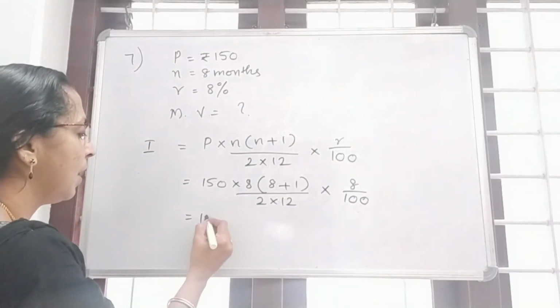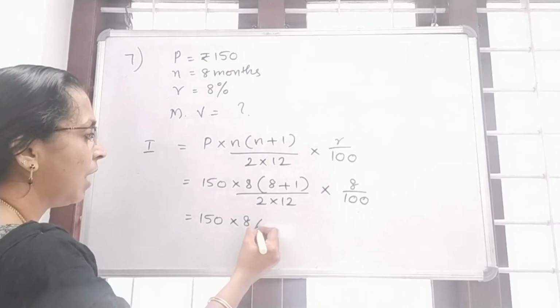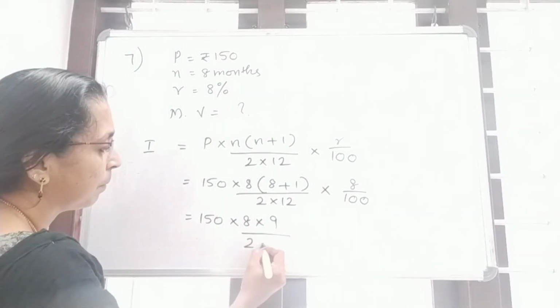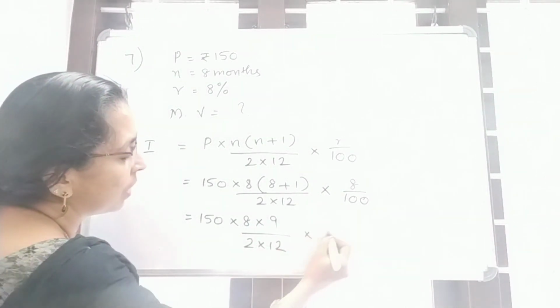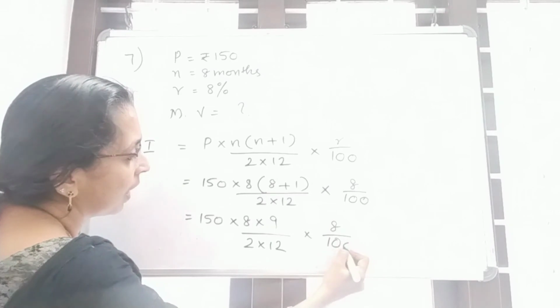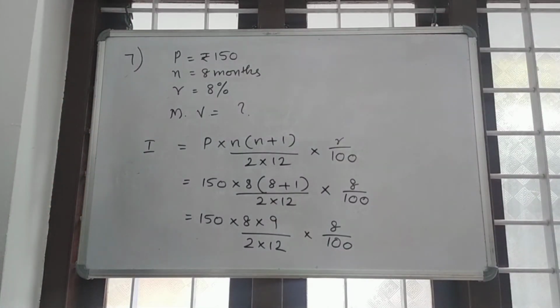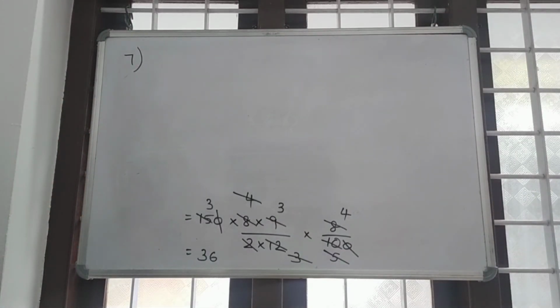So 150 into 8 into 9 divided by 2 into 12 into 8 by 100. After cancellation, we get I as 36 rupees.